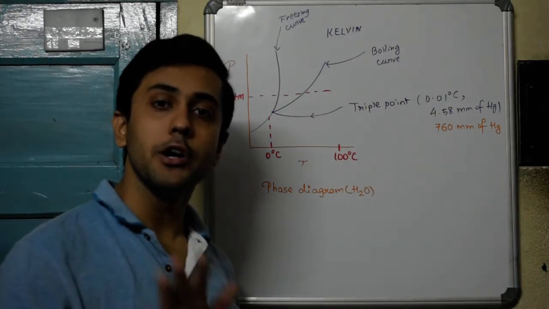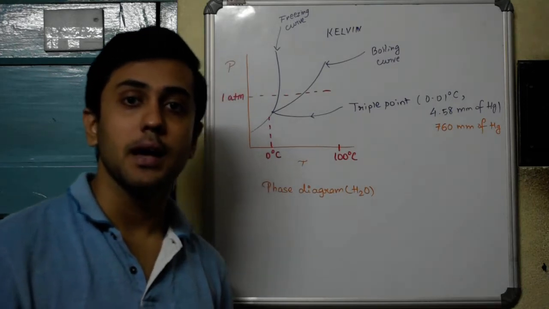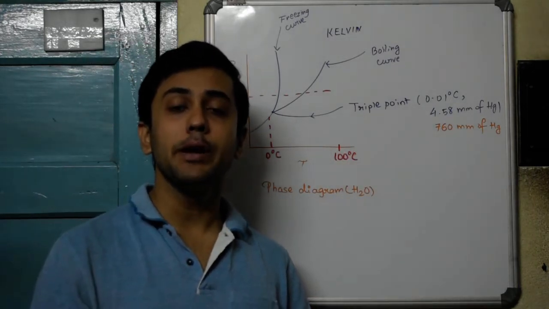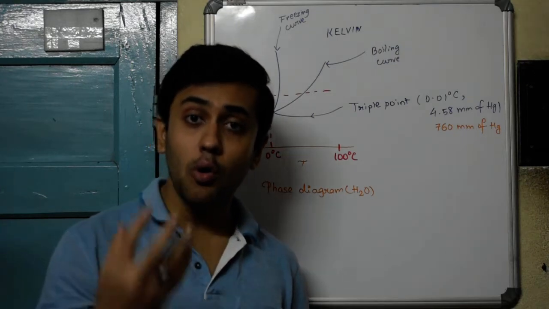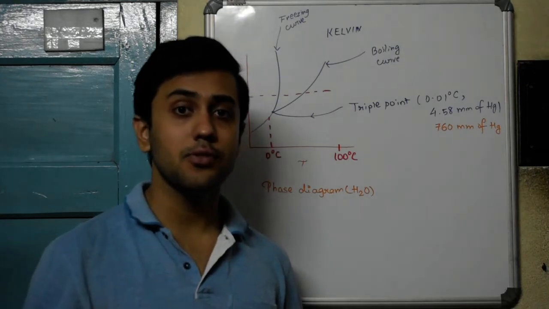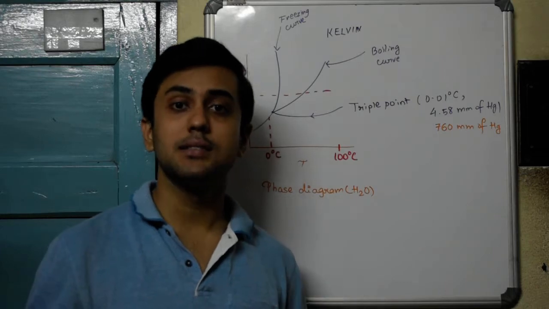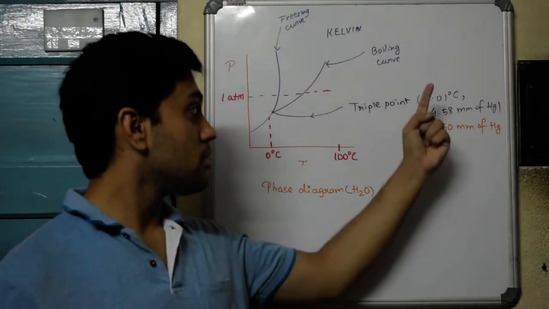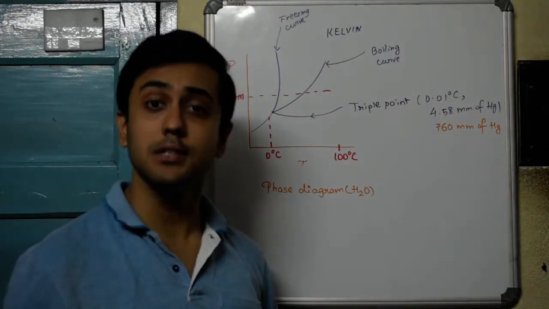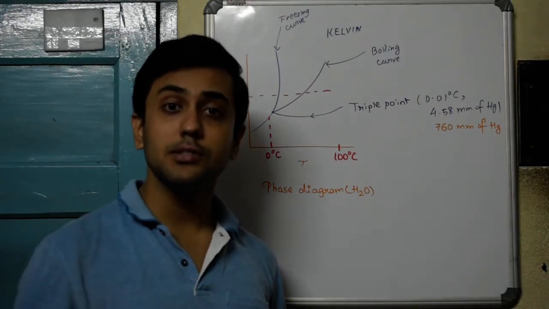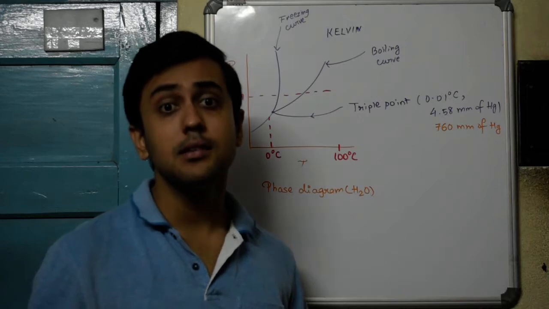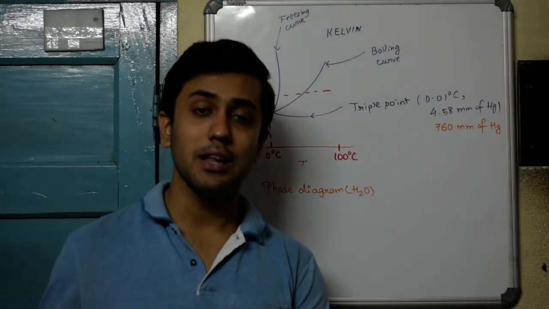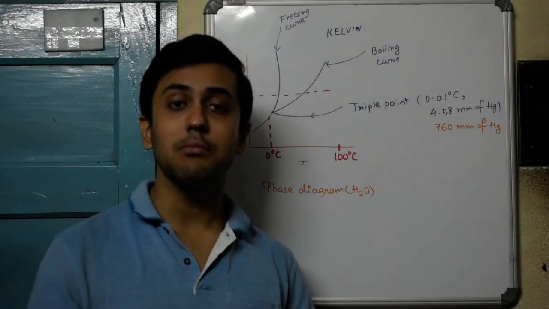What does triple point mean? Triple point, as you can understand from the word triple, is basically that particular pressure and temperature at which all 3 states of matter for that substance coexist simultaneously. So in the case of water, at this temperature and at this pressure, the 3 states of water, that is ice, the liquid state which we call water, and the gas state, that is vapor, exist simultaneously.